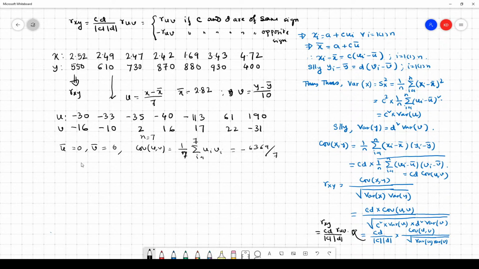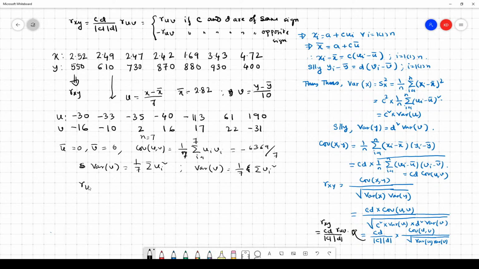Similarly, you can compute variance of u, which is 1 by 7 sum over ui square because u bar equals 0, and variance of v, which is 1 by 7 sum over vi square because v bar equals 0.